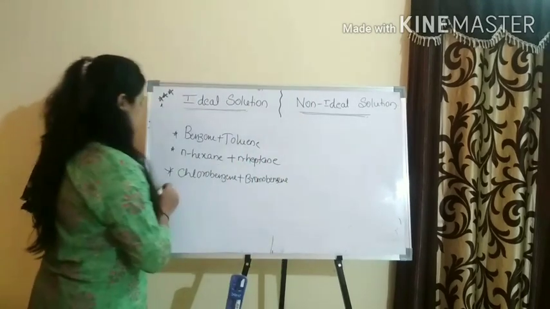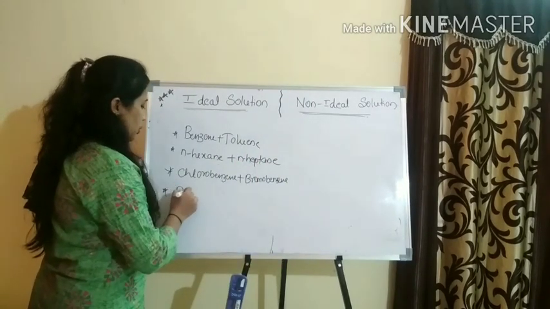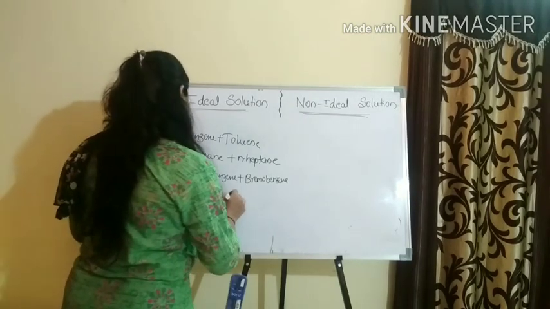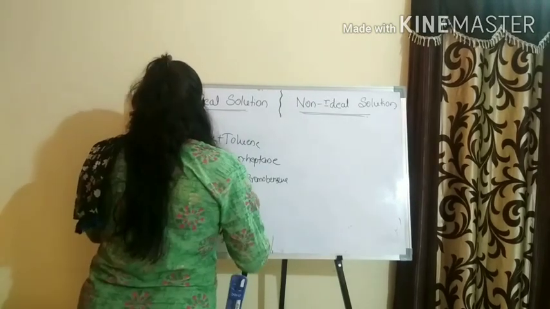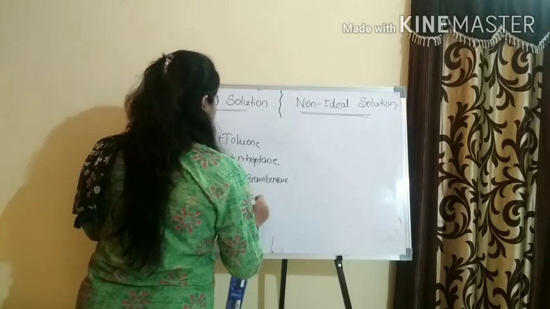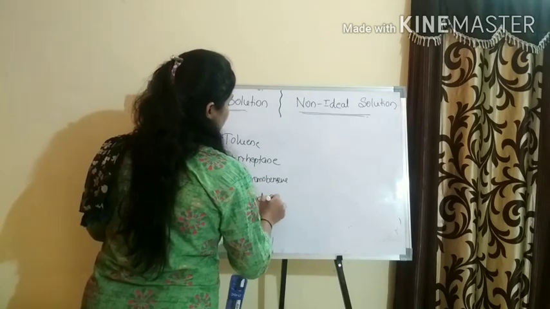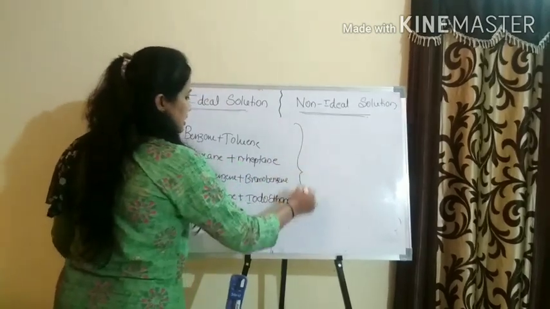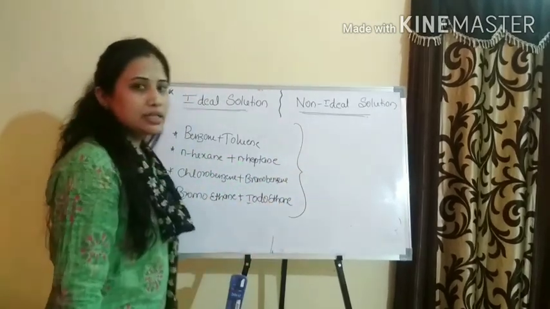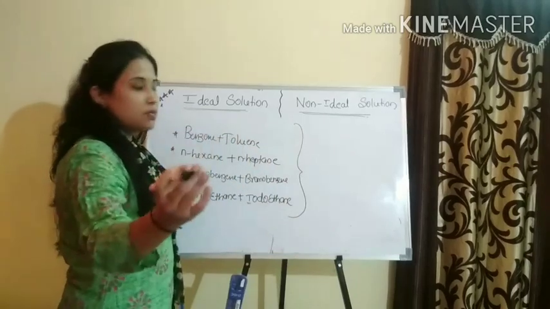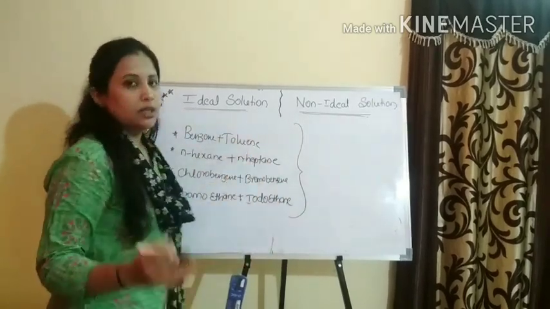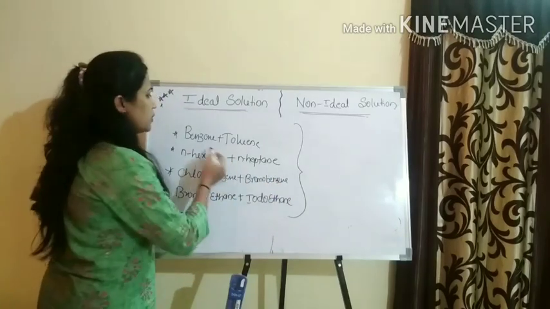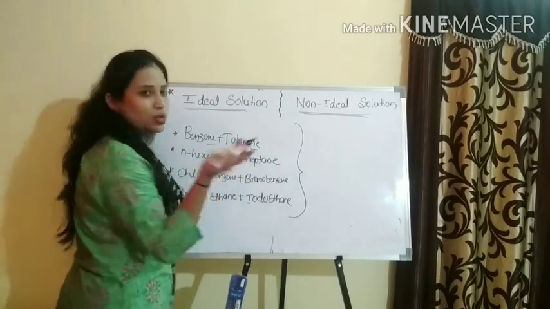Similarly, I could give bromoethane plus iodoethane. So I could give these examples as ideal solutions. The way to remember: almost all the organic solvents over here, everything is ending with 'ne'. Okay, this is how you need to remember.